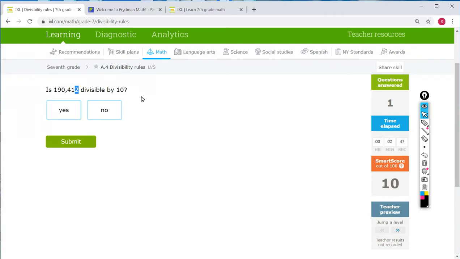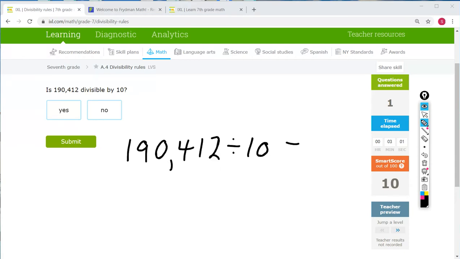So that means if I were to take this number and divide it by 10, we don't even need the calculator for that. If we take 190,412 and divide it by 10, then really all we have to do is move the decimal one space to the left when we're dividing by 10.